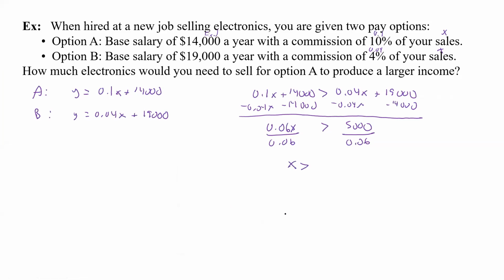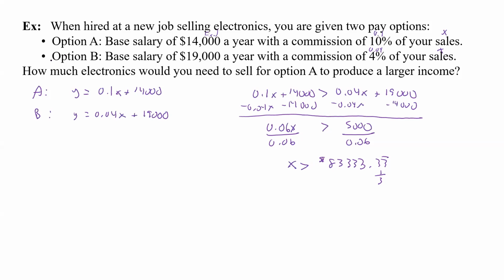So we have to make more than $83,333 and we can put 0.33 is fine, or 3 repeating, or if it's 1/3 we can put that because it was a repeating decimal. Okay, so that's how much we have to make more than to get more for option A.